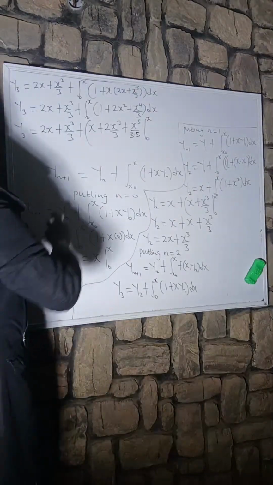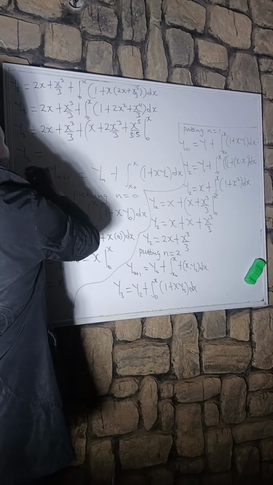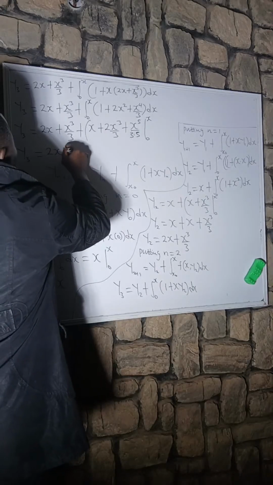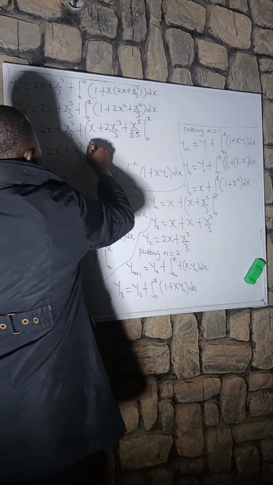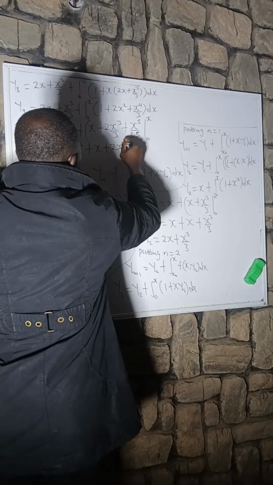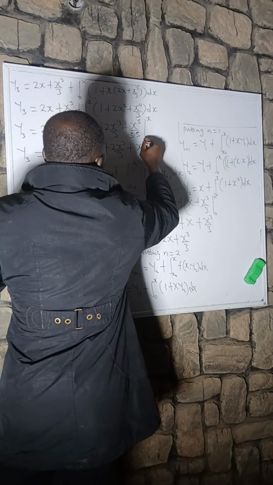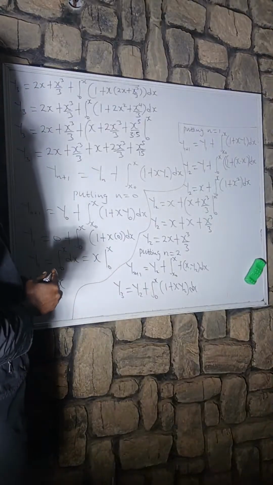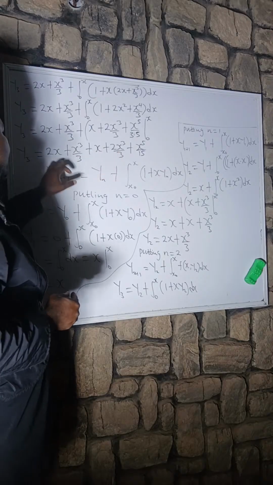True or false? This is how it's supposed to be. Then we substitute, we are going to have the same thing all over 3 plus x plus 2x raised to the power of 3 all over 3 plus x raised to the power 5 all over 15. Am I right? It means we can add this and this, we can also add this and this.